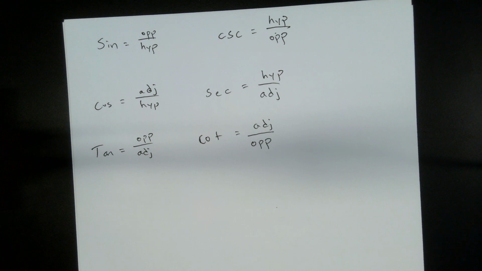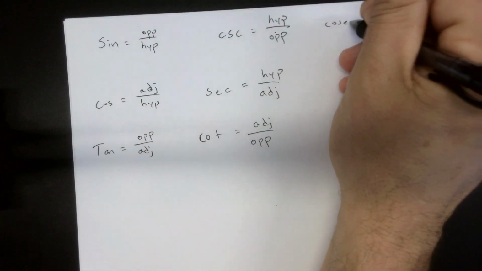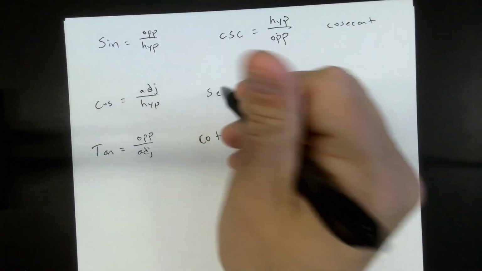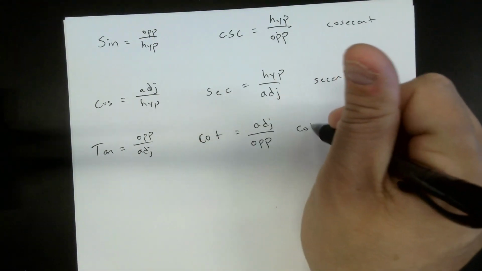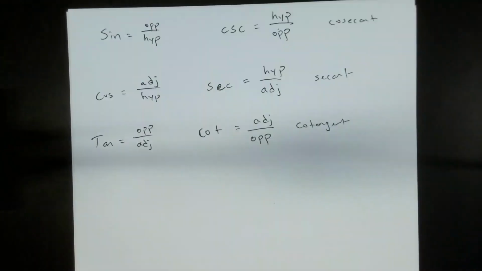This is written out. If you want to know how to write them, it's csc, sec, and cot.